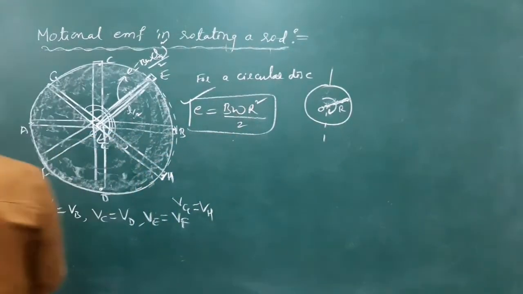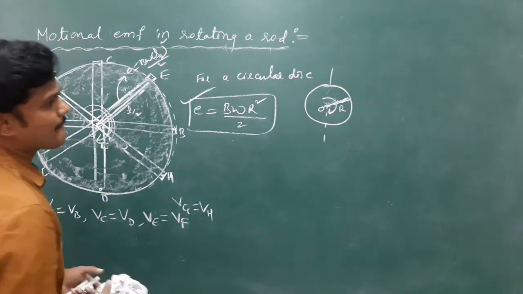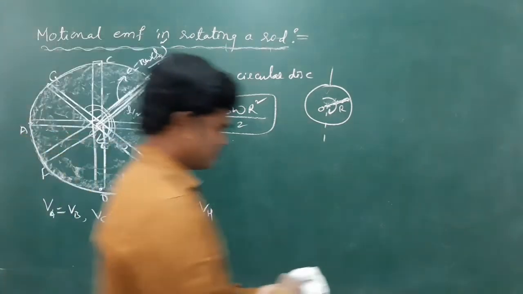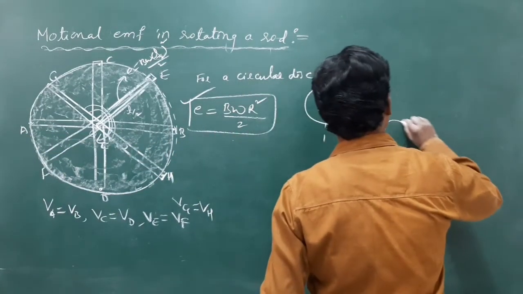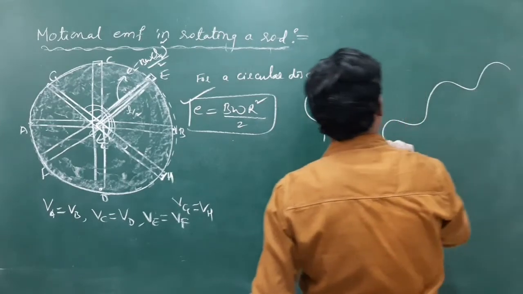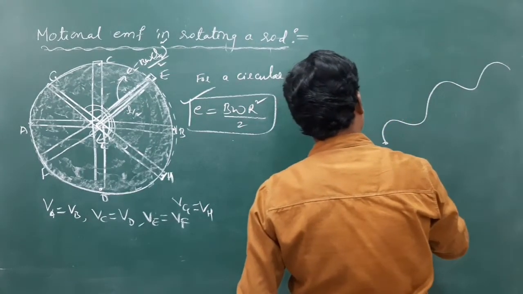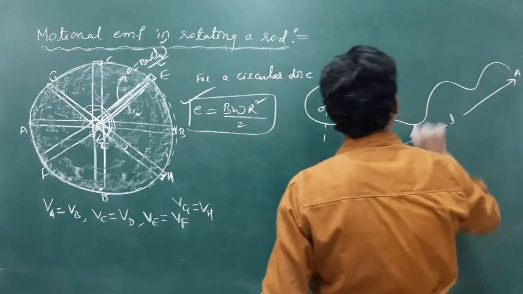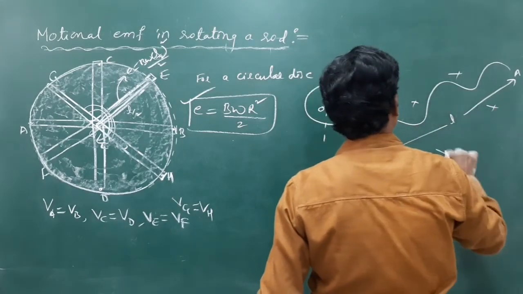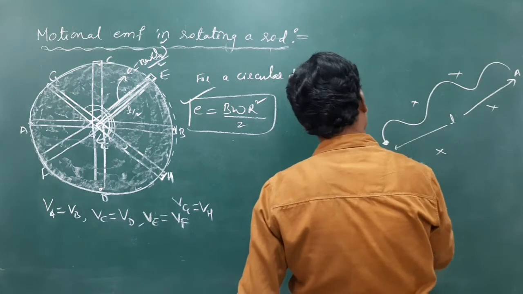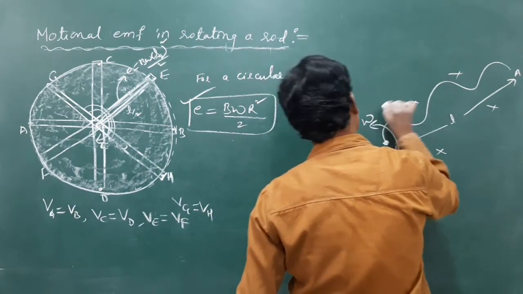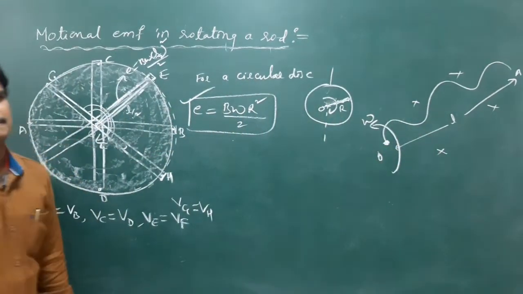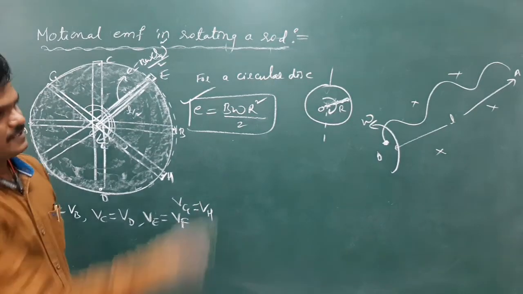Now see one more question. Suppose the rod is given like this, of irregular shape. This is O, this is A, the distance between O and A is given as L, the field is into the board, and it rotates like this with angular velocity omega. Then what is the answer?